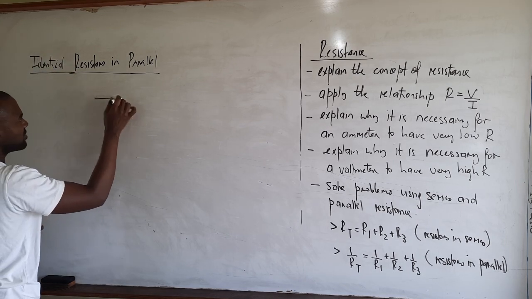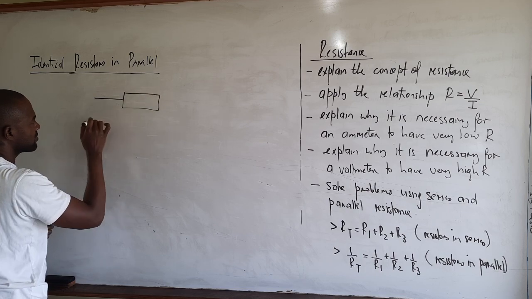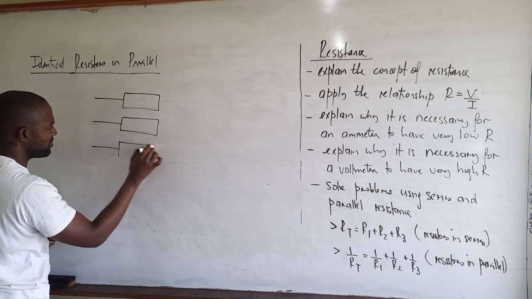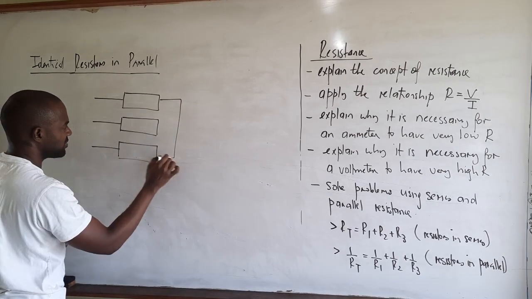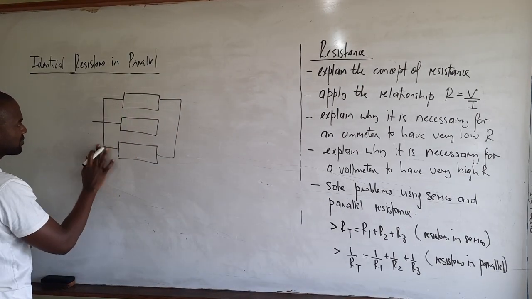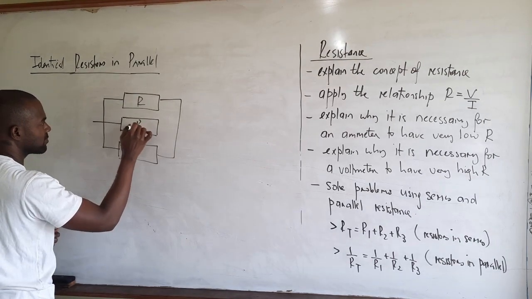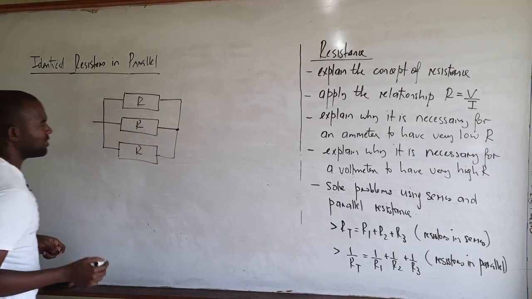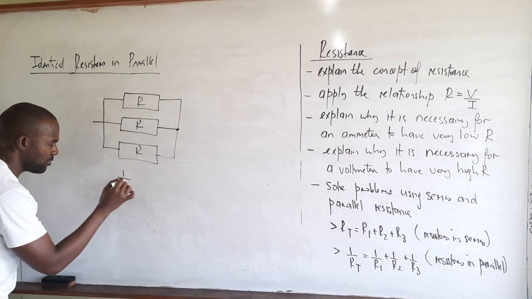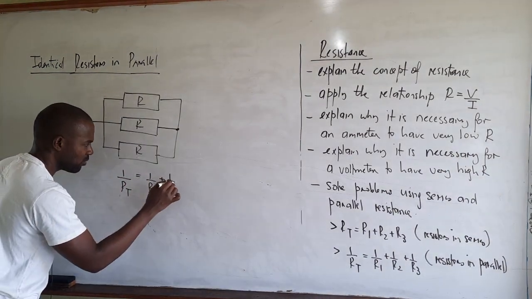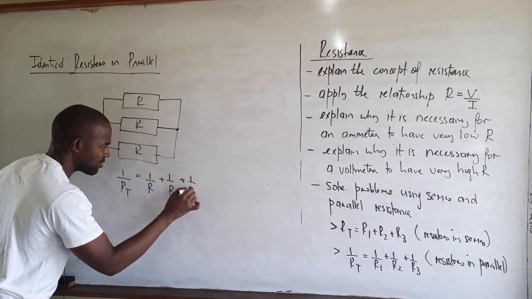So let's say, for instance, we have 3 resistors, each of resistance R. Using the same formula that we did before, we can say that 1 over RT is equal to 1 over R plus 1 over R plus 1 over R.